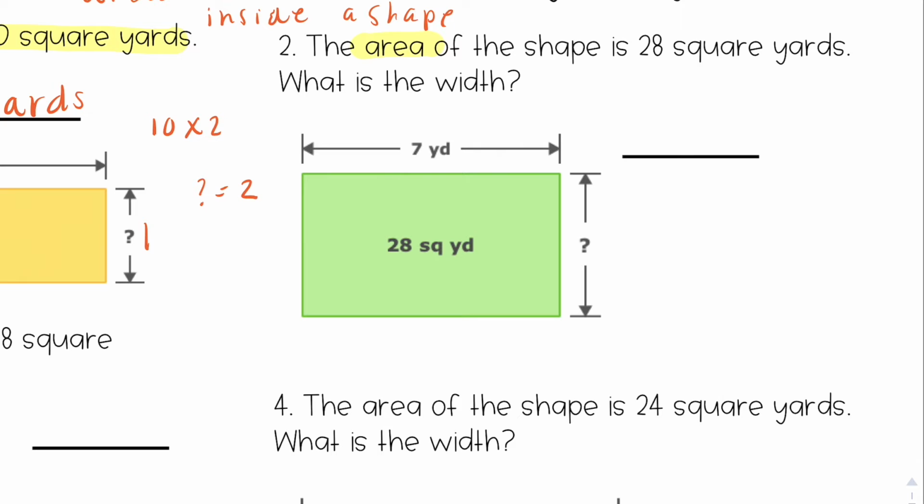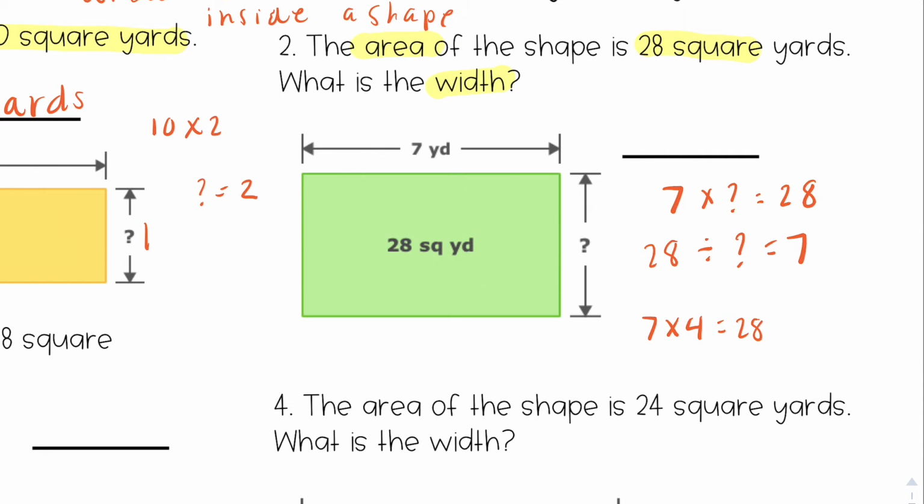So for this problem, I'm still using area, but I'm trying to find the width. And so I know my total area is 28 square yards, so I'm still going to be using the formula, length times width. So I have 7 times what is 28. I can use the inverse operation of division to help me solve. 28 divided by what is 7?